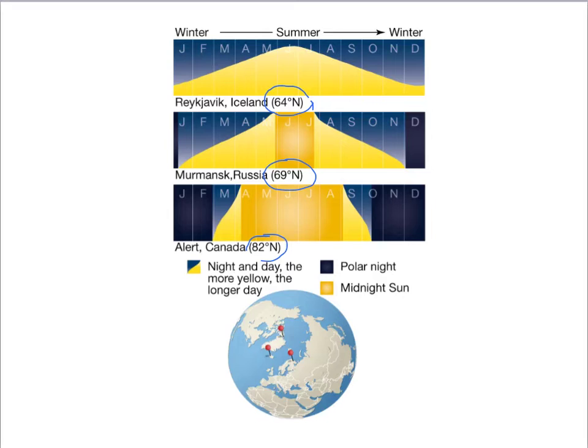Now, if we look at the graphs, we can see that at Alert, which is closest to the North Pole, that's Alert down here, that pin, there are approximately 4.5 months of complete darkness. So 4.5 months over the winter months in the Northern Hemisphere, it's completely dark.